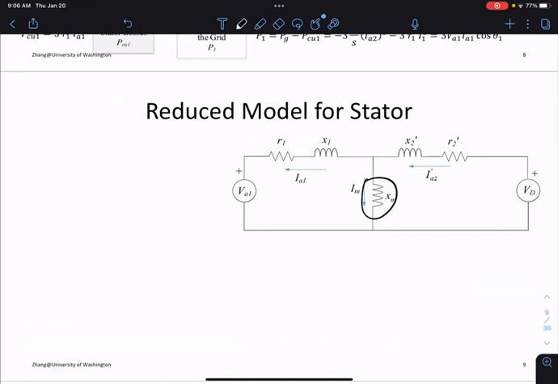So there's an easy way to make this system easier from the stator side, the primary side, and that is simply putting this into a Thevenin equivalent. If you look into the primary side, what do you see?